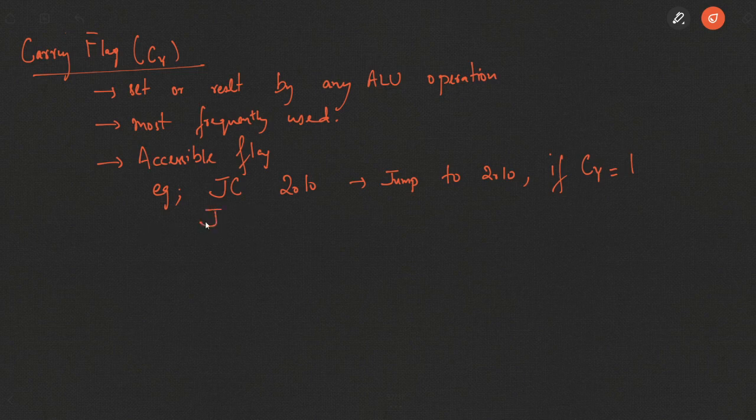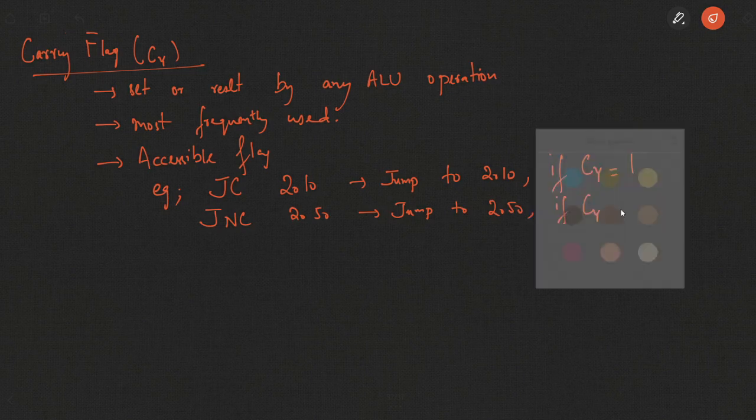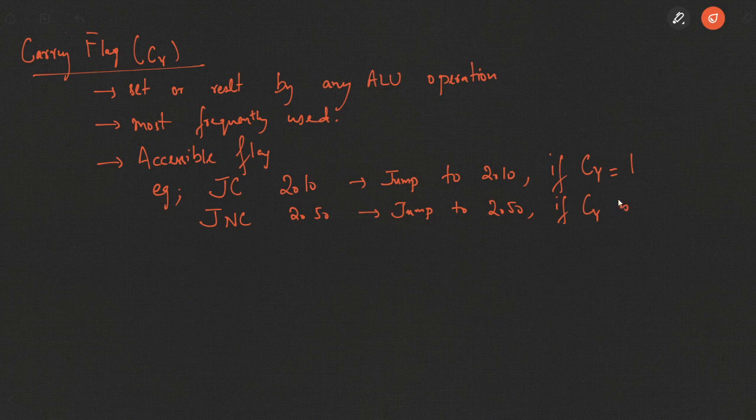Or we can also have an instruction like JNC 2050, jump to 2050 if the carry flag is not set. So these are different types of instructions that will be used.